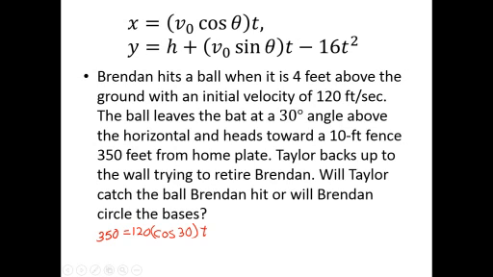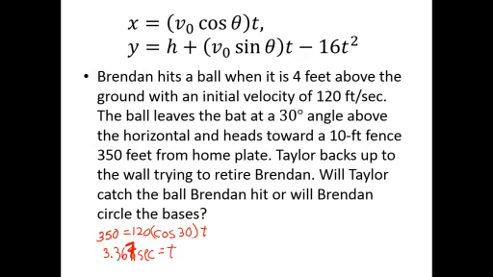And we'd go through and solve this. Make sure your calculator's in degrees, not radians. So we'd go 350 divided by 120, divided by the cosine of 30, which means the ball would be in the air about 3.367 seconds. That's how long it takes for the ball to travel 350 feet.